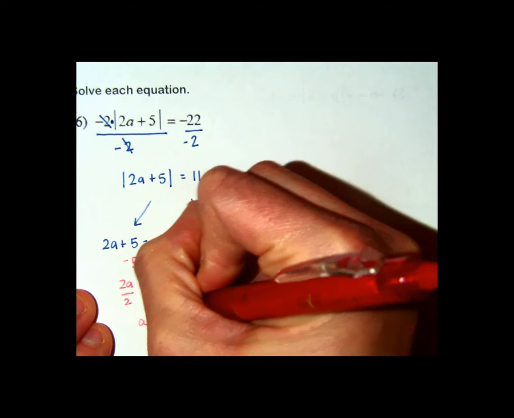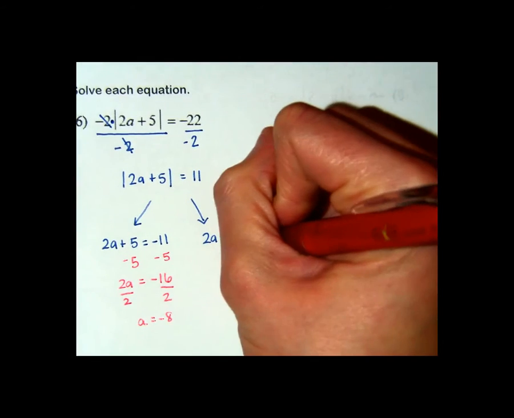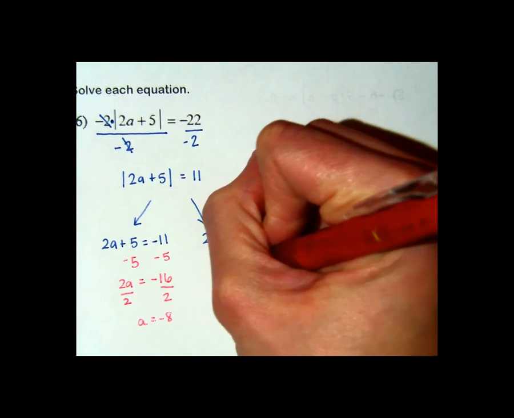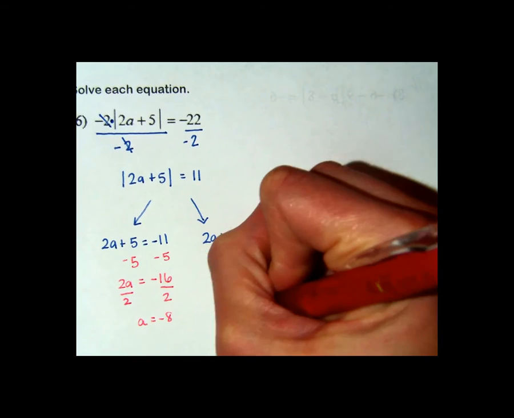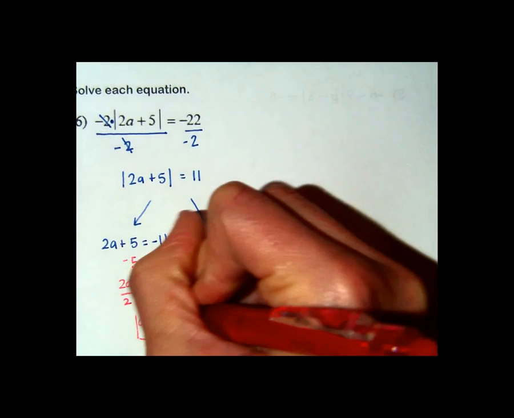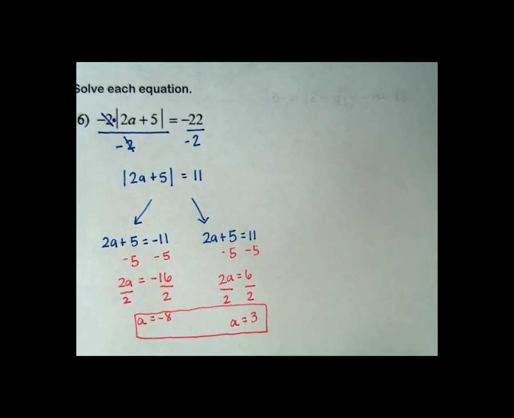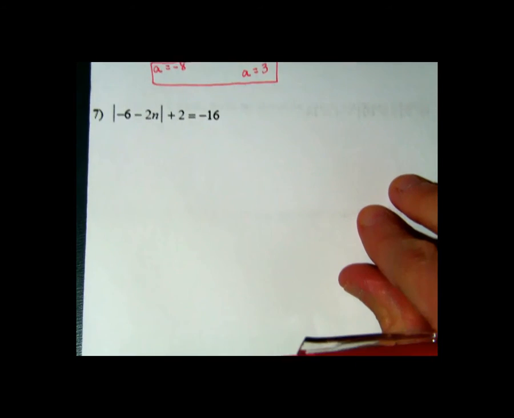A equals negative 8 is one of our answers. Subtract 5. 2a equals 6. Divided by 2. A equals 3. Here are my two solutions. Go ahead and start number 7. Pause the video if you need to.